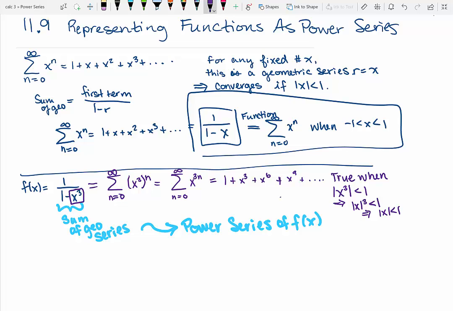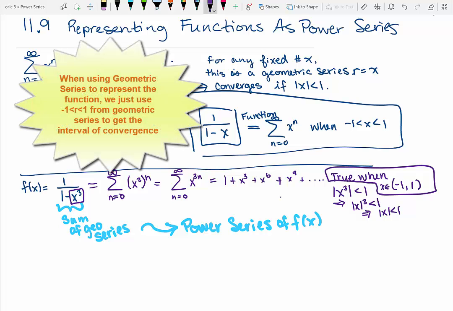So we are getting the same radius of convergence here, when x is in the interval from -1 to 1. The interval of convergence isn't quite what I'm using here. Notice that I'm using the fact that it's a geometric series, so I'm not going to check endpoints because the geometric series only converges on those values.